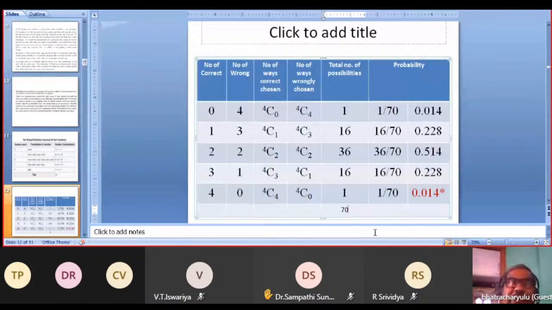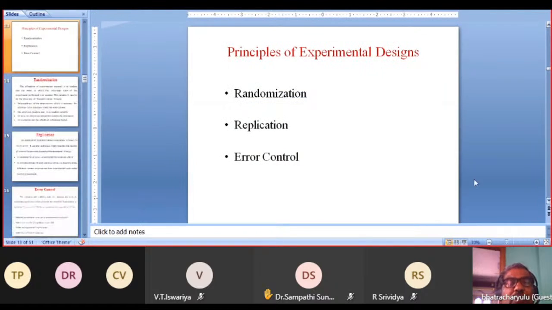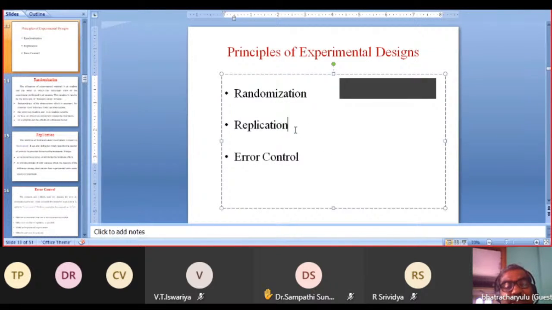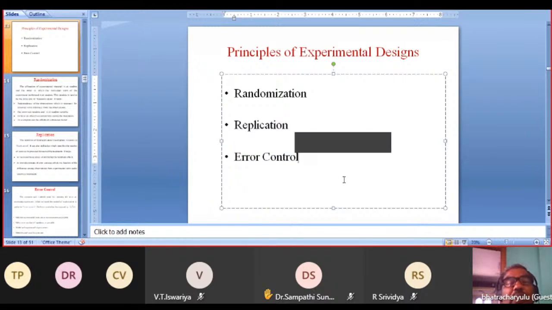Repetition of the experiment is the principle of replication. So from this particular experiment, I am evolving these principles: randomization and replication.